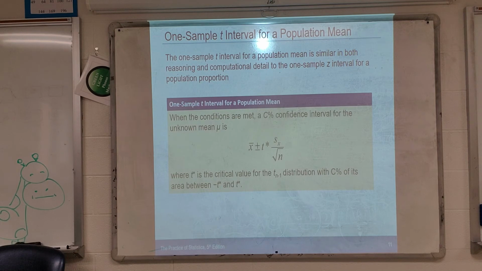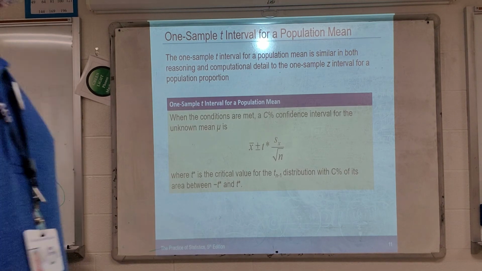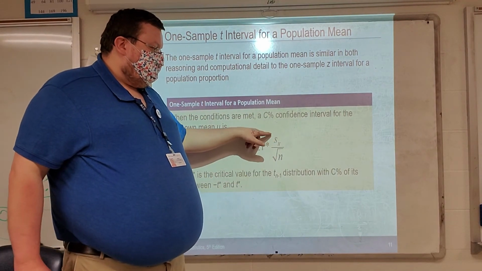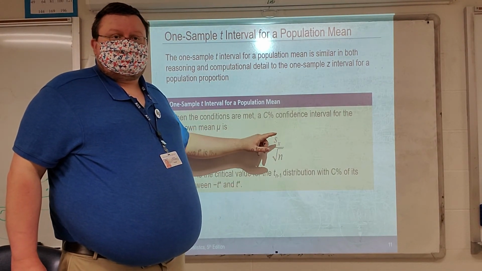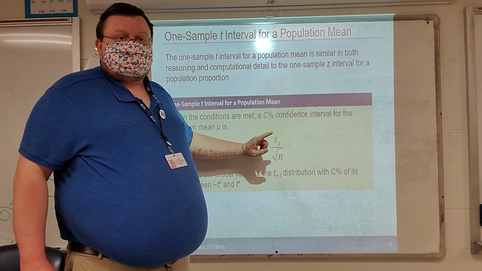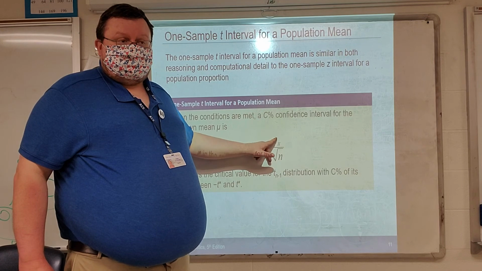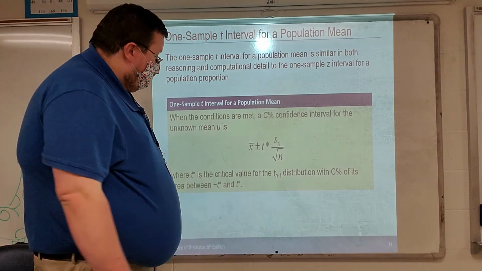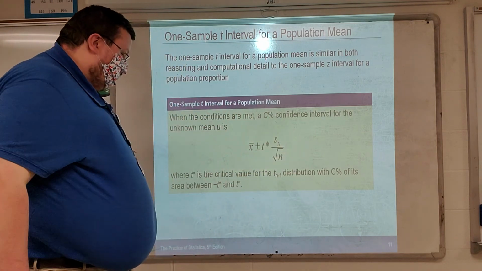This is the standard error of our statistic. Remember the standard deviation of the sampling distribution was sigma divided by the square root of n. We don't know sigma, so we use the sample standard deviation divided by the square root of n as our standard error. And this gives us our interval.